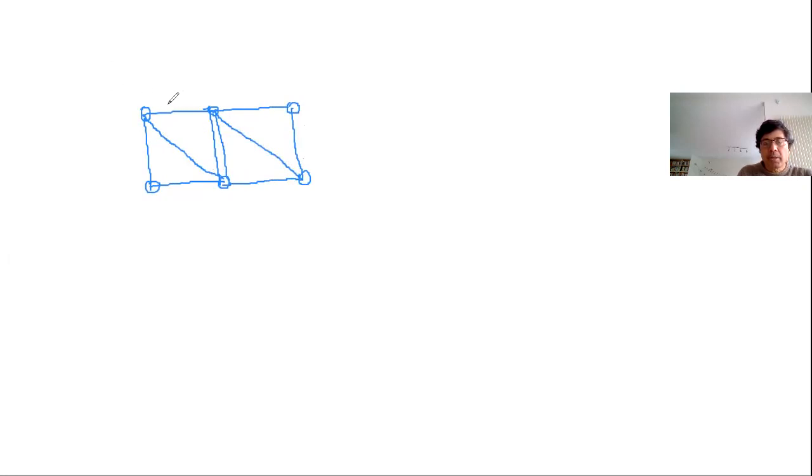Okay, so in order to do that, how many ways can this pattern appear in the complete graph? So we have to pick six vertices, and we can do this in n choose 6 ways.